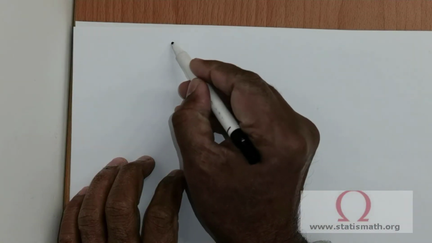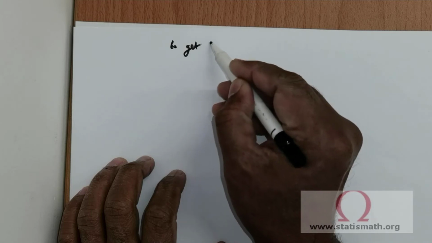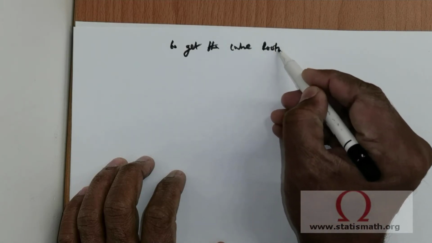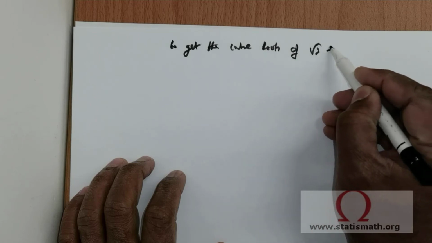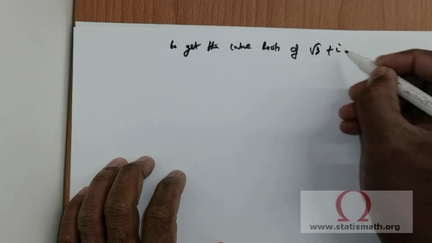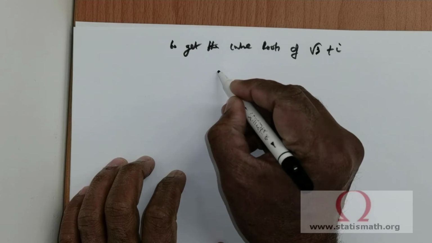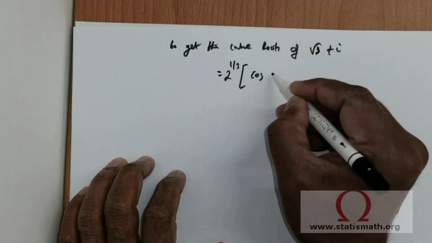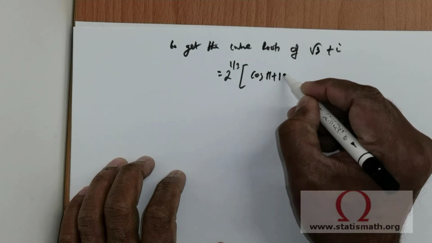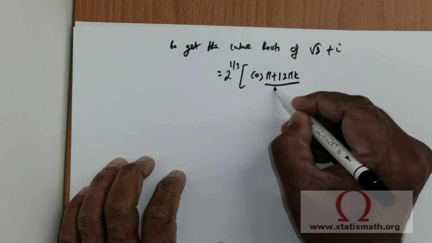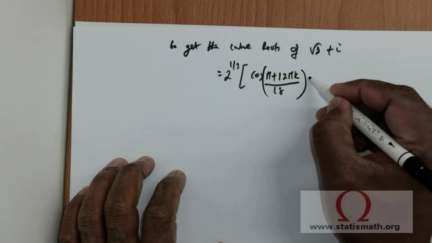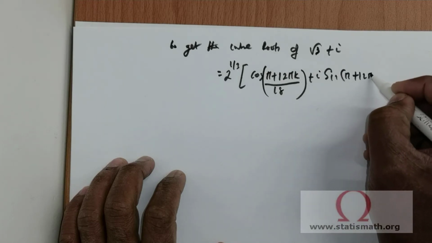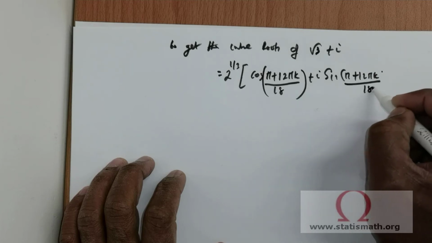So students, to get the cube roots of √3 + i, the required formula we would be using here is 2 raised to the power 1/3 of cos of (π + 12πk)/18 + i times sine of (π + 12πk)/18.